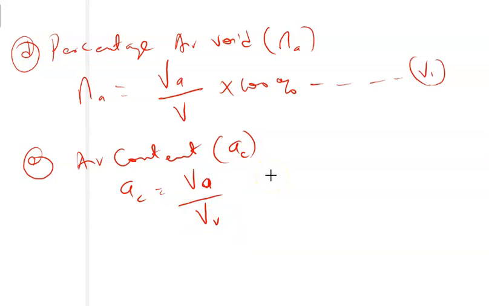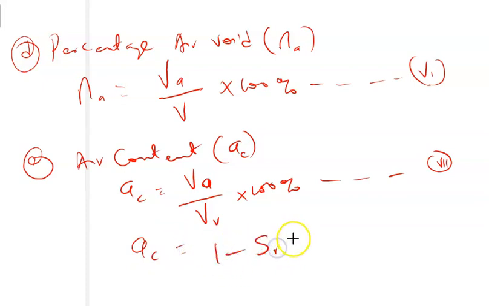So it is also a percentage, so we have to multiply by 100%. So this is also our equation VII, our equation 7. So here we have AC, you can also call it the air contents. AC is equal to 1 minus the degree of saturation, times 100%.